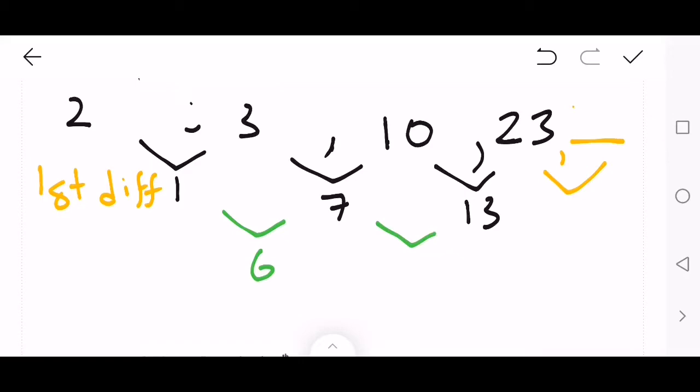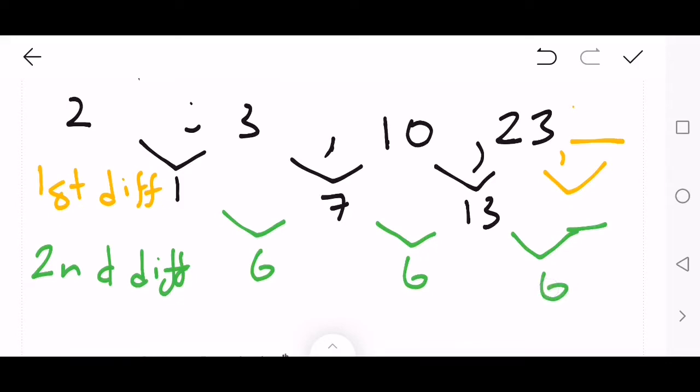The difference between 13 and 7, that's 6. So this is our second difference. So now we will have to add a 6 to the 13. So that is 13 plus 6, that is 19. And then we're going to have to add 19 to 23. So 23 plus 19, that is 42. And that is the next term which was required.